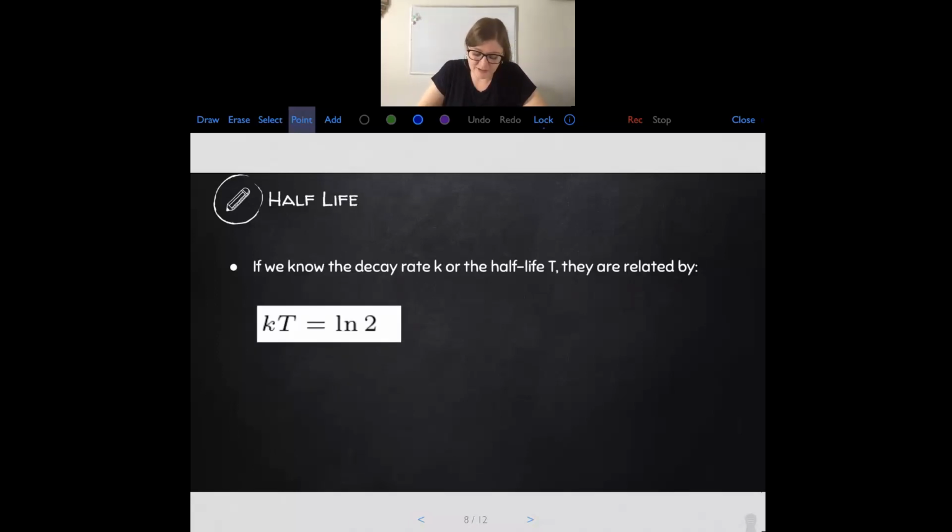For half-life, if we know the decay rate or the half-life T, they are related by kT is equal to ln of 2. If you're thinking this looks familiar, you are absolutely right. This is the same way that we find doubling time if we know k. But remember that this can go the other way: if we know the half-life, we can find k from this equation, which is exactly what we'll need for our next example.